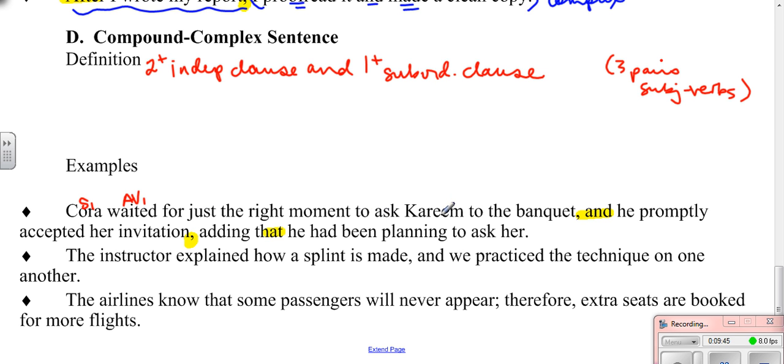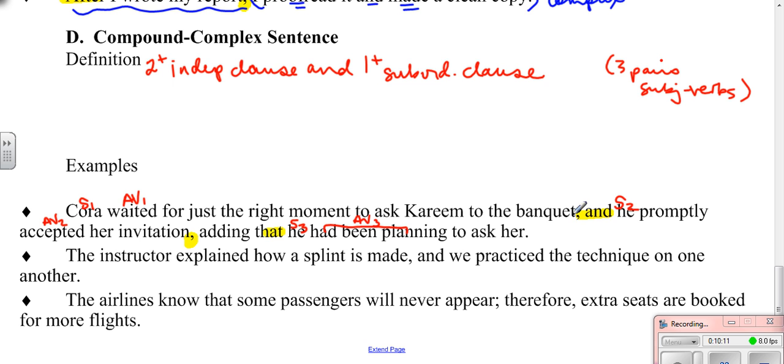There's an infinitive, Kareem to the banquet, no more subjects and verbs, comma, and. He accepted, there's another verb. Who accepted? He did. Accepted what? Invitation, direct object, adding that he had been planning, action verb 3. Who had been planning? He had been planning.